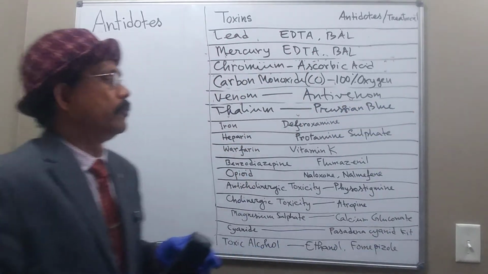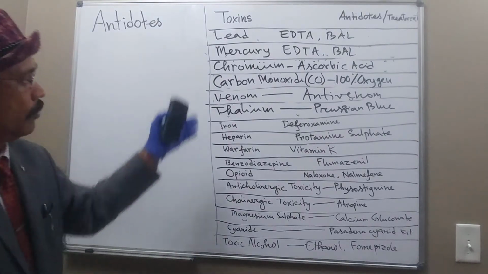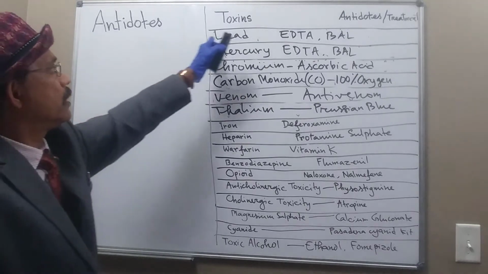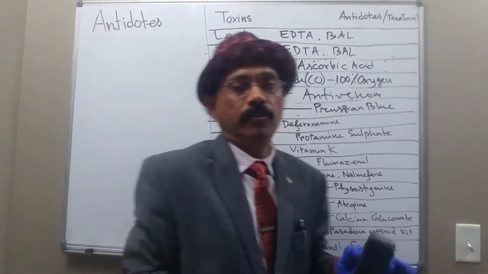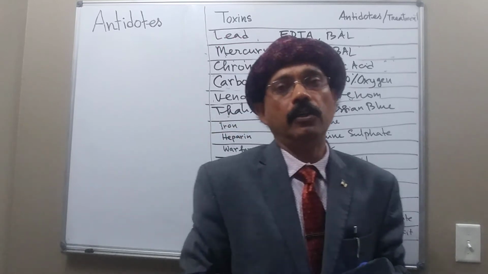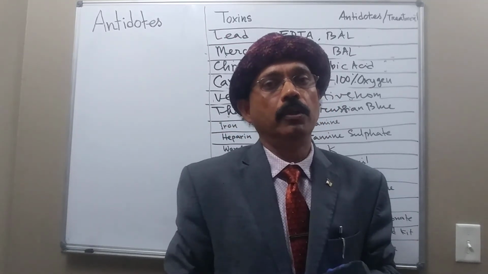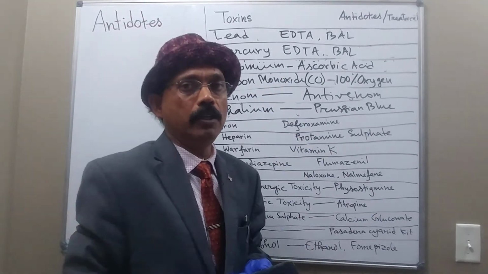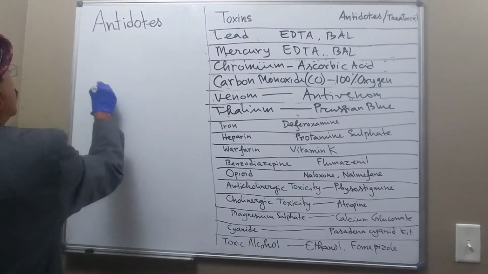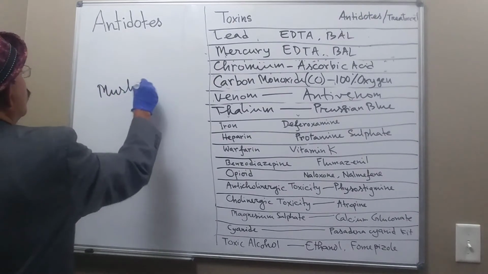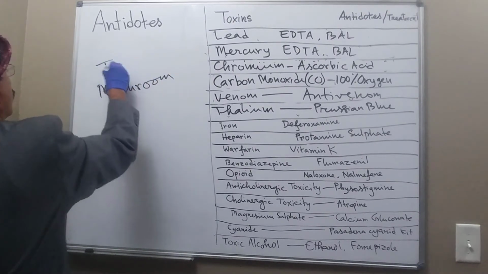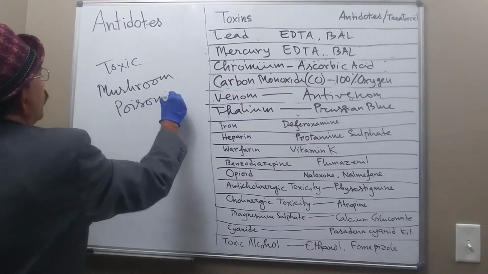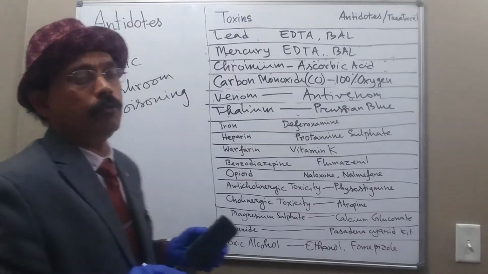So it depends on what type of toxin is there. We must remember that not necessarily every toxin has a specific antidote. Aspirin has no specific antidote. Toxic mushroom poisoning also has no specific antidote.